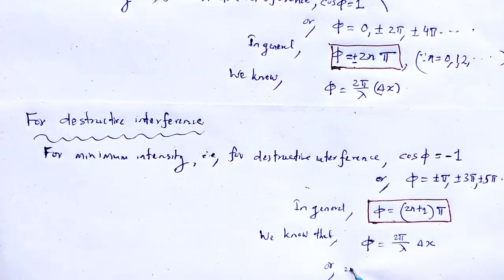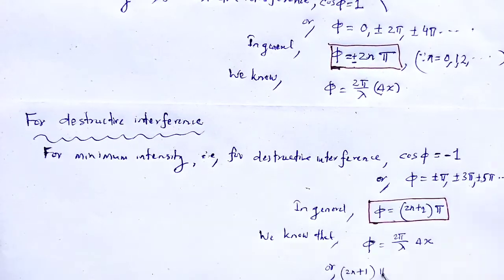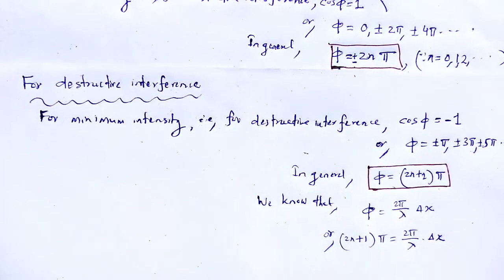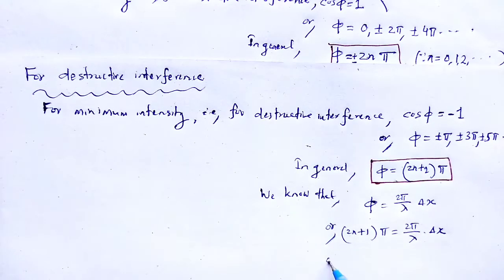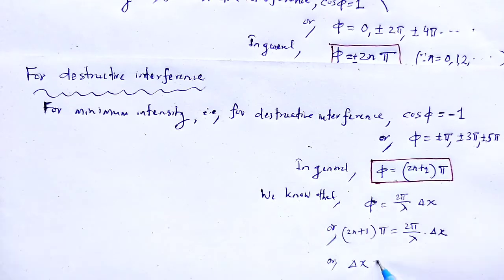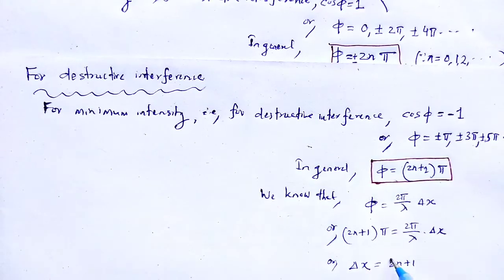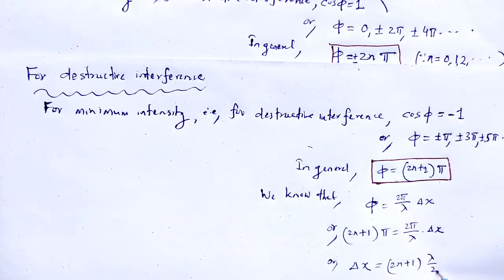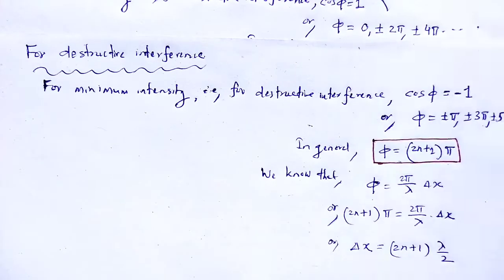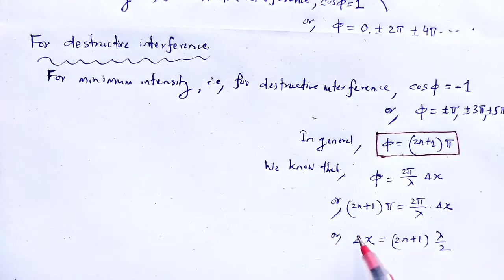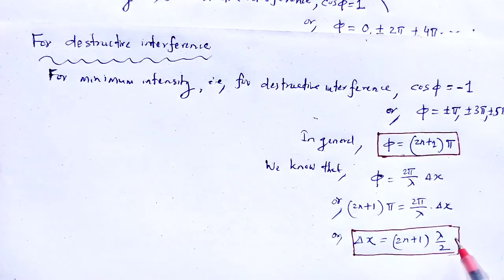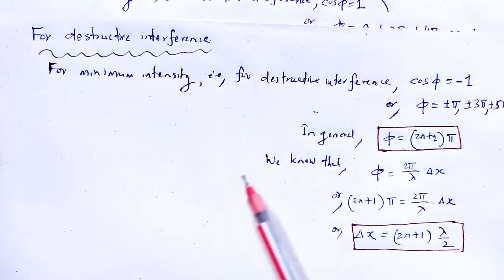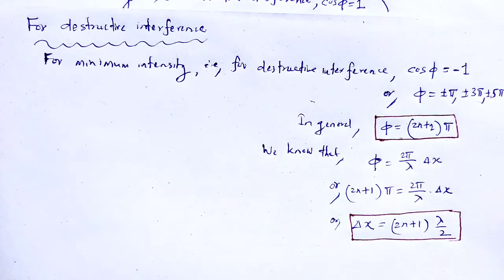Now φ, that is (2n+1)π, is equal to 2π by λ into path difference Δx. Therefore, Δx is equal to (2n+1) λ by 2, when the path difference is an odd multiple of λ by 2, and that is the condition for destructive interference.